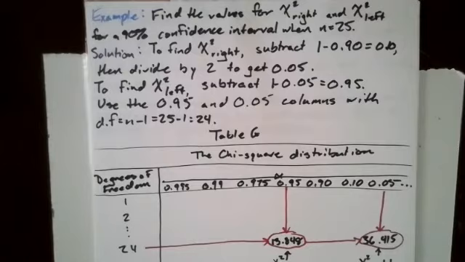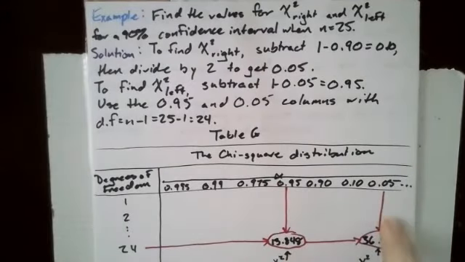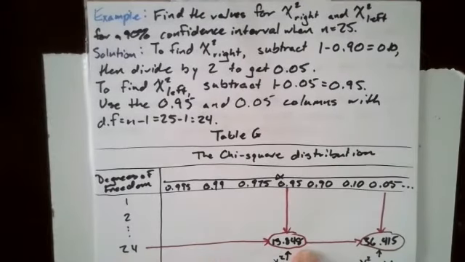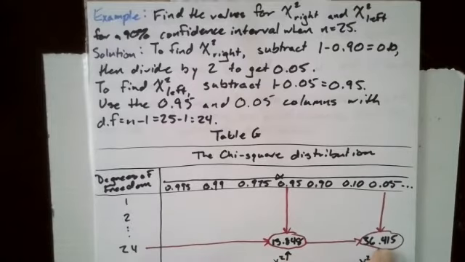We use the 0.95 and 0.05 columns with degrees of freedom n-1 equals 25 minus 1, which is 24. So here we have the 0.95 column and the 0.05 column, and here is the 24 row. And here are chi-square left and chi-square right, 13.848 and 36.415.